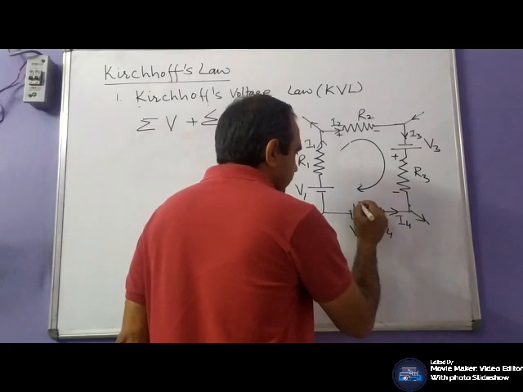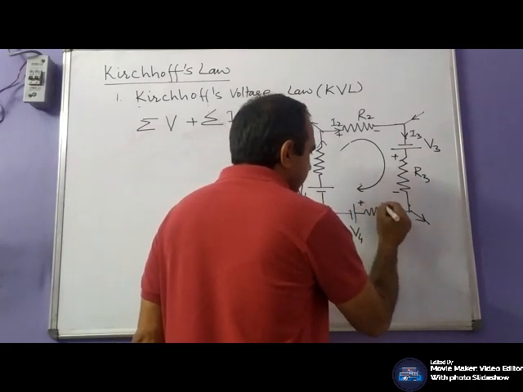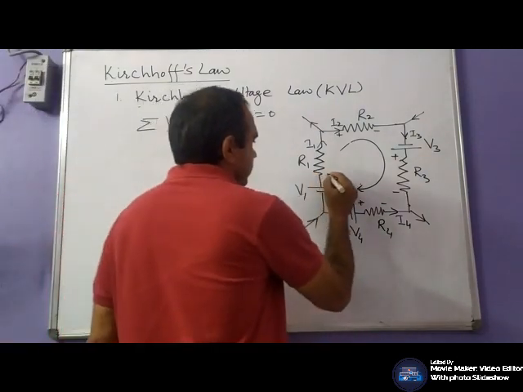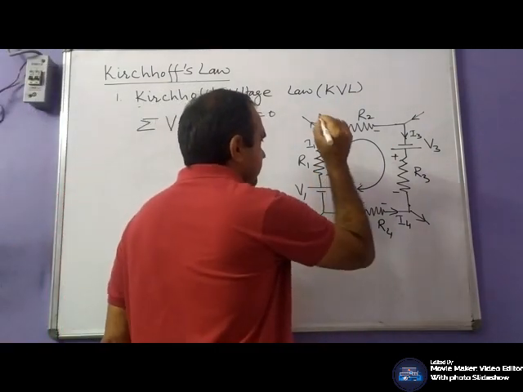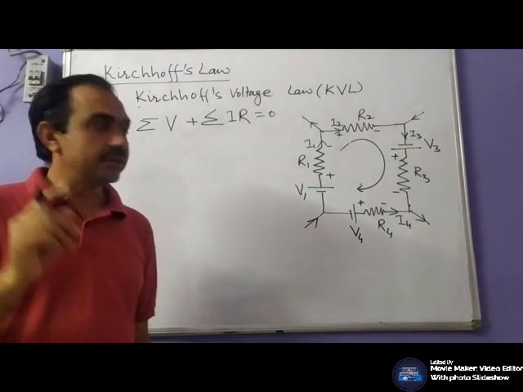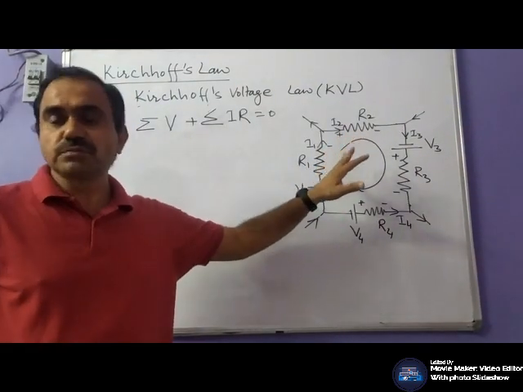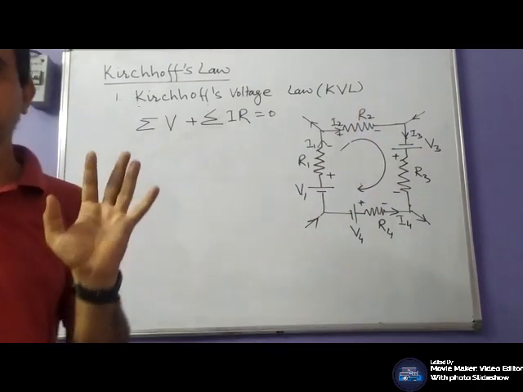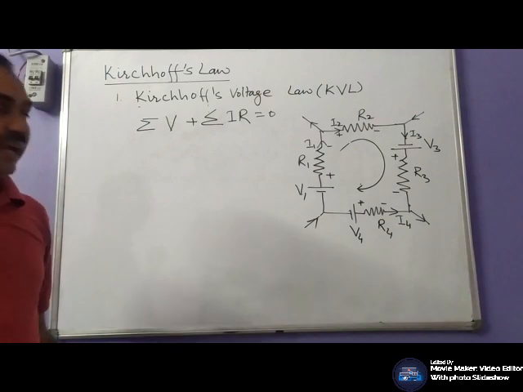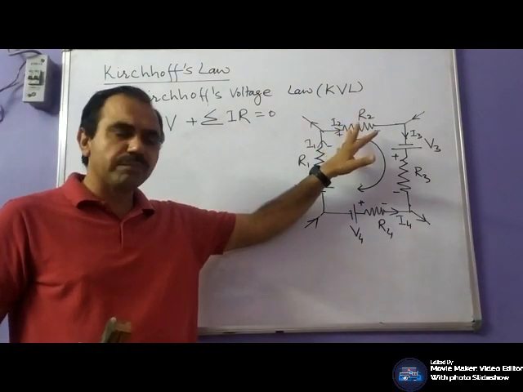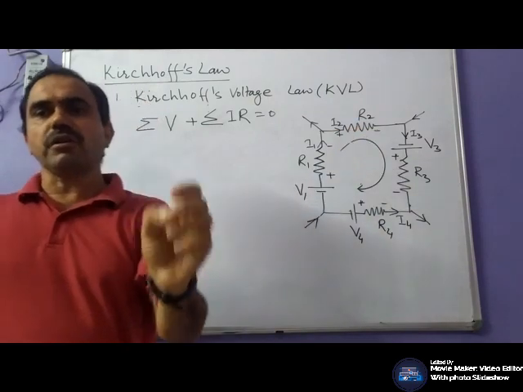Here direction of current is this, higher potential and lower potential. So first select your potential ends. Which potential end is higher, which potential end is lower. Once you select the potential ends, your problem is being solved.